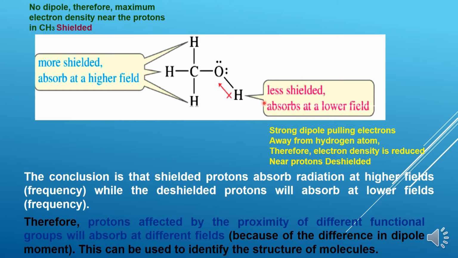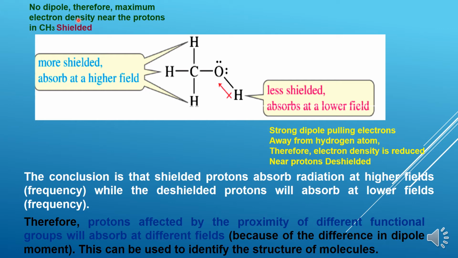A strong dipole pulling electron density away from the hydrogen atom takes place because oxygen is attached to the hydrogen. Therefore electron density is reduced near the proton, so it is de-shielded. In the methyl case, there are absolutely no dipoles.